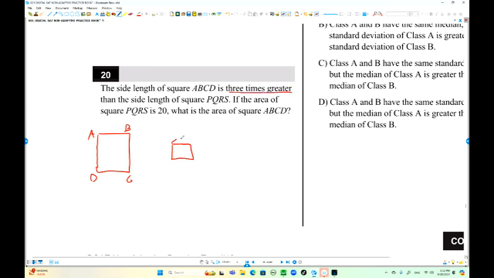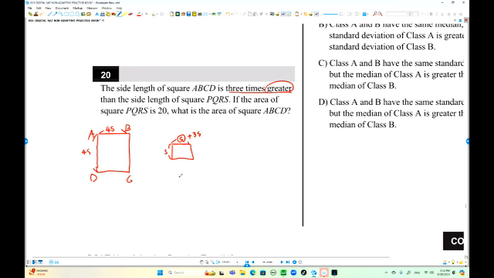If this side is S, the other side is what? 3 times greater. 3S plus S is 4S, not 3S. You have to be careful. Greater than by 3 times S, which is 4S.